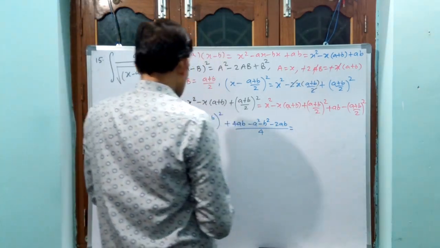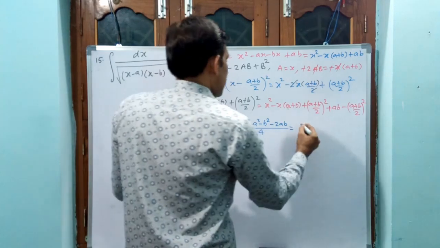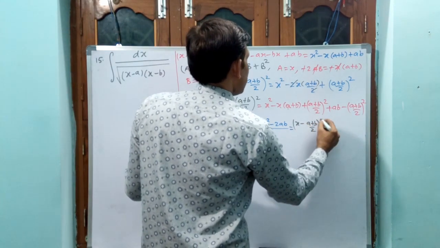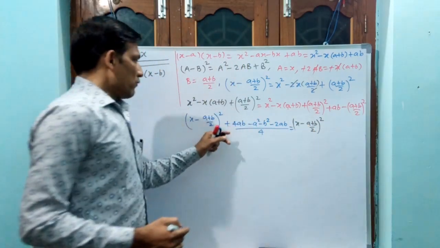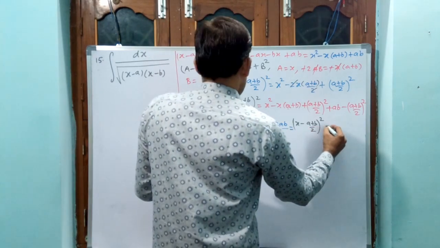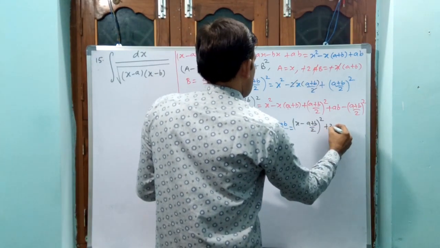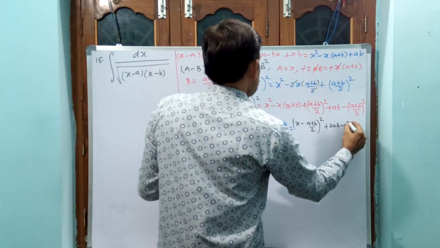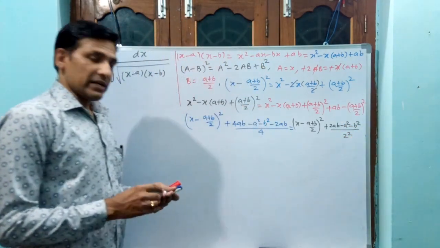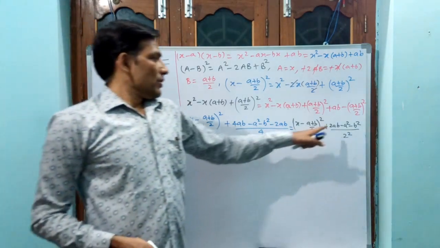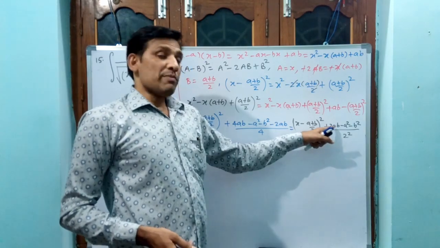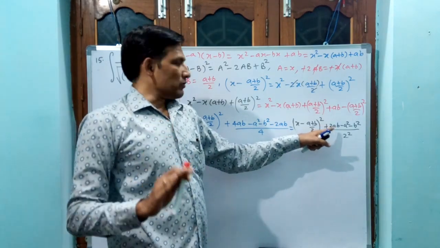That is equal to, you see how I am writing. x minus (a plus b) by 2 whole square is already available. Okay. You see 4AB minus 2AB is 2AB. Write down: plus 2AB minus A square minus B square by 2 square. Shall I write like this? Okay. Now you see, A square B square minus will not come, 2AB may come, minus normally (A plus B) whole square or (A minus B) whole square.